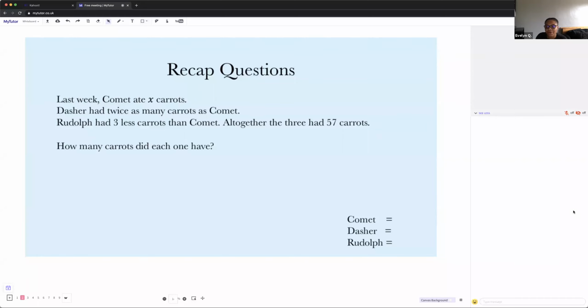No problem if you have forgotten how to do it, we will go through it in a second. But have a go if you have some idea how to work it out. Brilliant. I'm seeing some really good answers here.